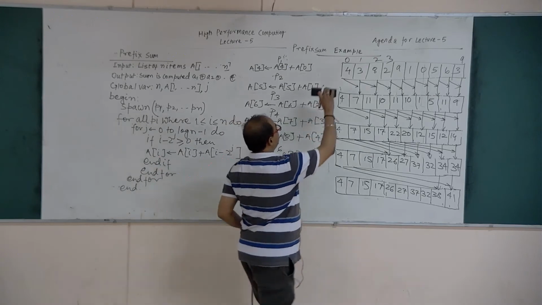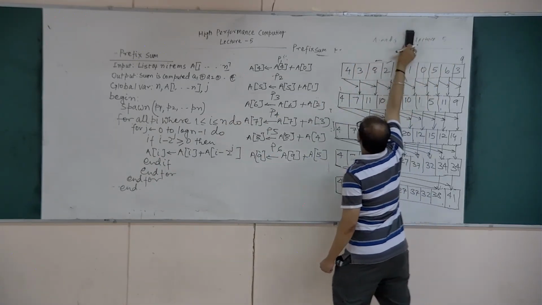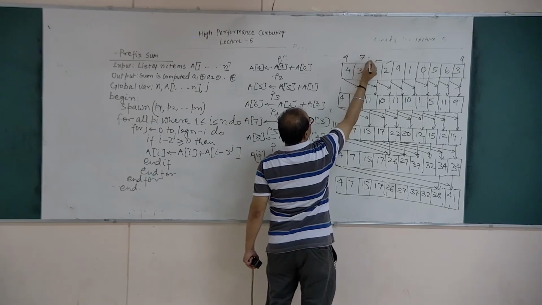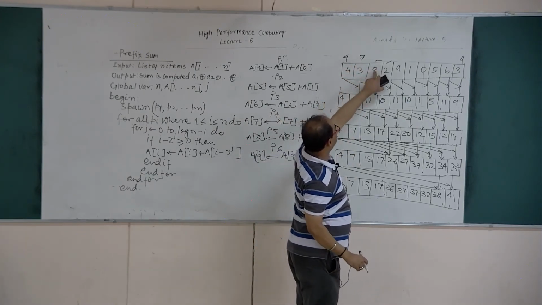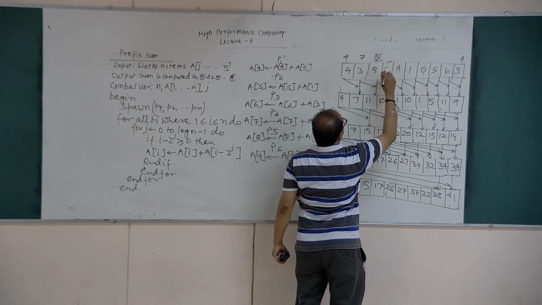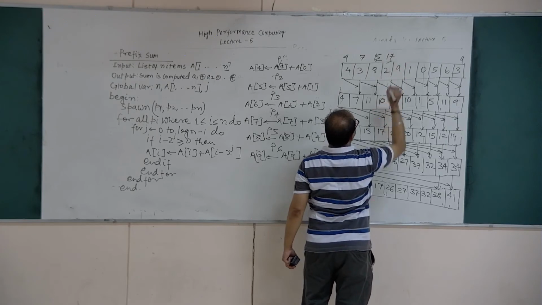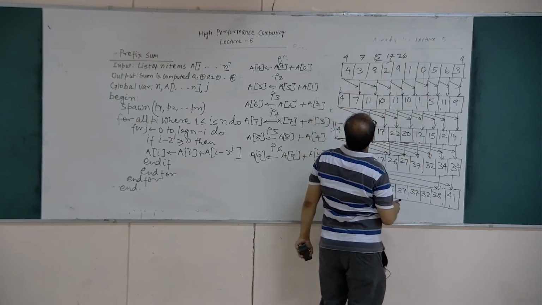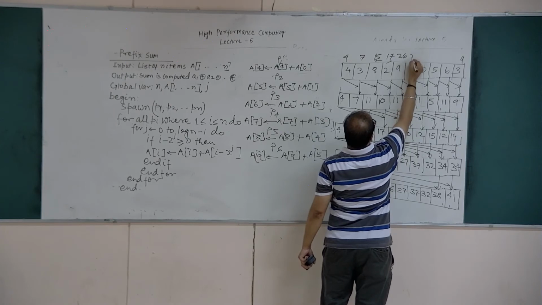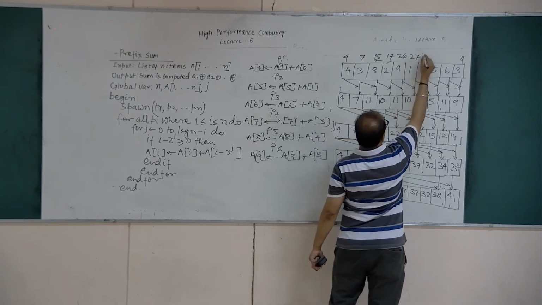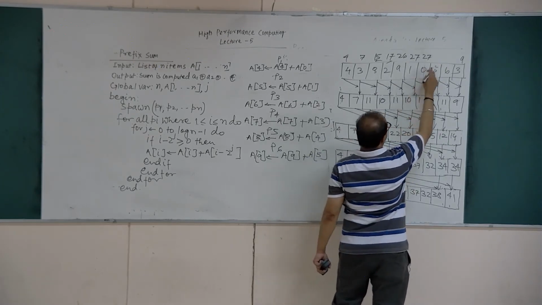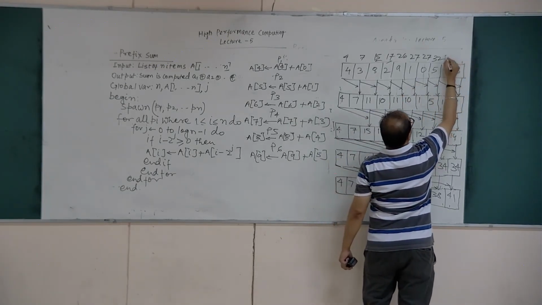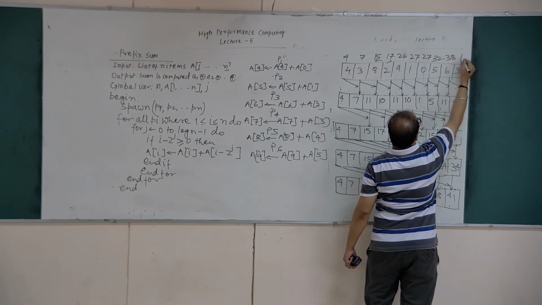And if we add these numbers here, so you can see 4 is added with 3, that is 7, and 7 is added with 8, that is 15, and 15 is added with 2, so that is 17, and 17 is added with 9, so that is 26, and 26 is added with 1, so it will be 27, and 27 is added with 5, so it will be 32, and 32 is added with 6, so it will be 38, and 38 is added with 3, so it will be 41.